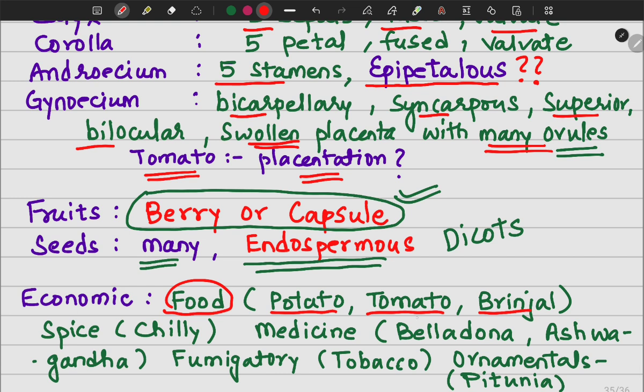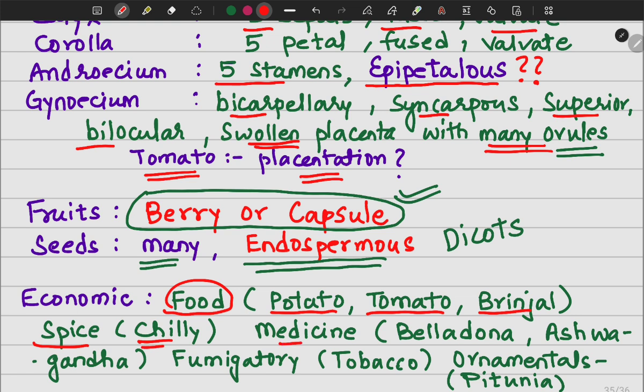Then we also studied tomato. In the gynoecium, I asked about the type of placentation, right? So potato, tomato, and then brinjal. Brinjal is one of the examples we studied somewhere which is related to the androecium, so that you have to find out. All right. Then some of the plants are used as spice, for example chili.